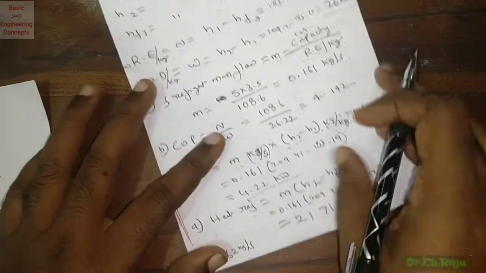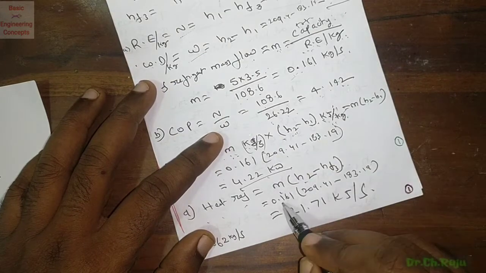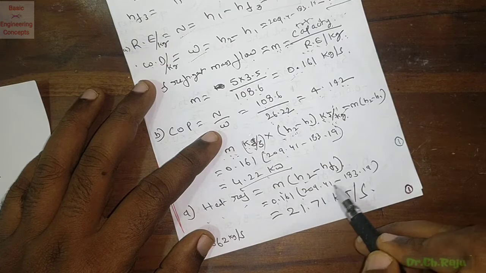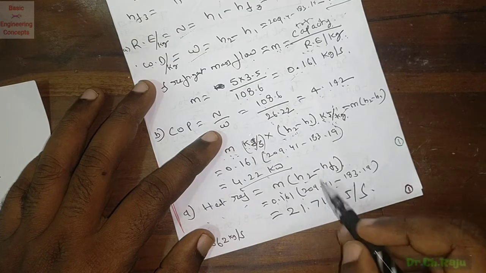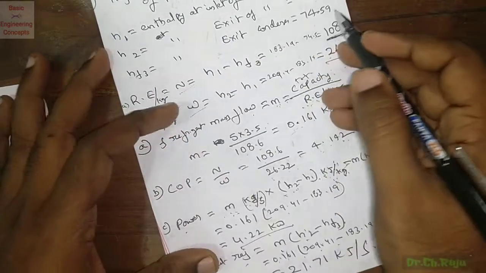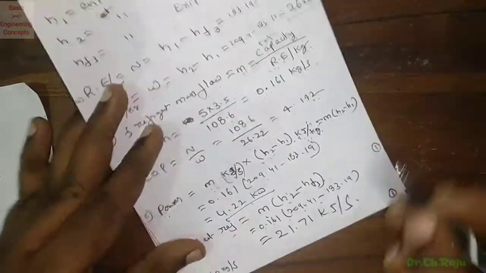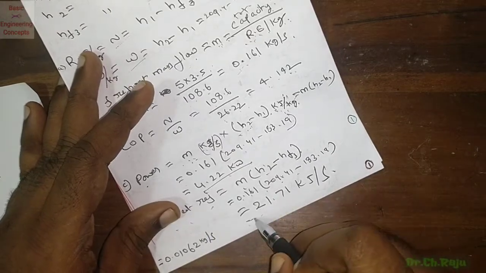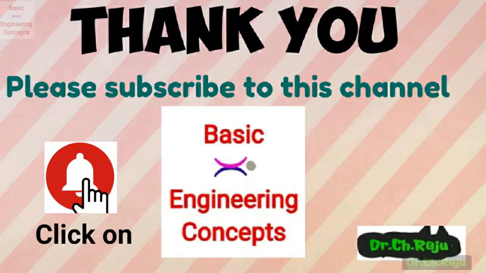So the mass of refrigerant into H2 minus H3: 0.161 into (209.41 minus 183). The heat rejected in the condenser is 21.71 kilojoules.